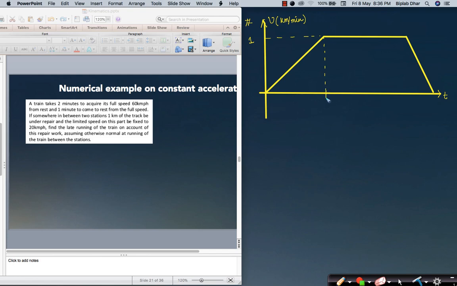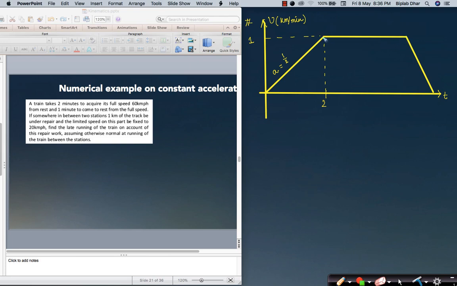So this is t equal to 2 minutes. Its acceleration is nothing but the slope, which is equal to 1 by 2 kilometer per minute square. That is the acceleration of the train for 0 to 2 minutes.